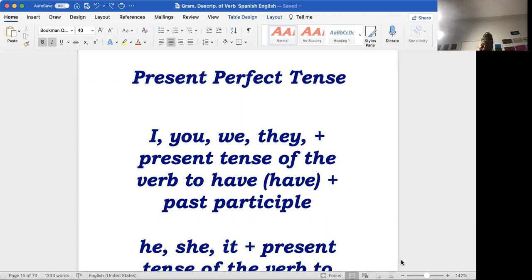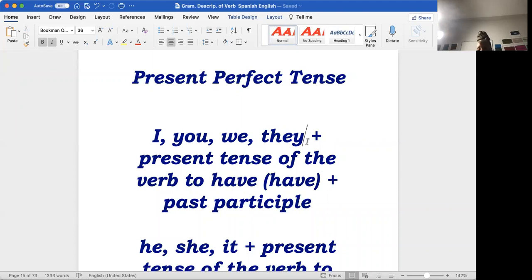So in English, you can see here you have the present perfect tense, and it's I, you, we, they, plus the present tense of the verb to have.